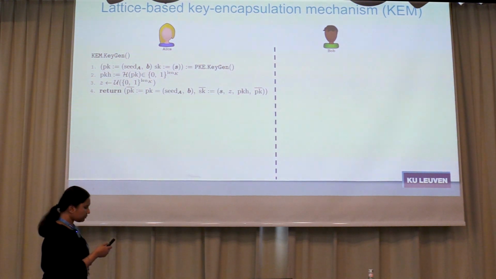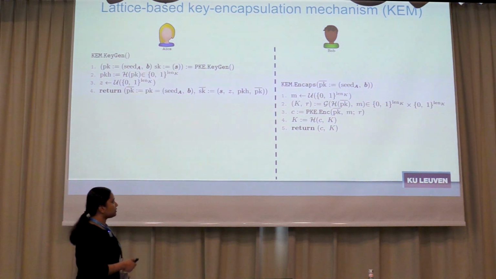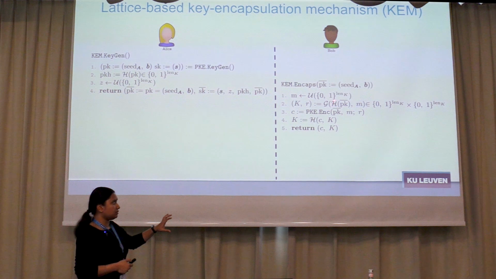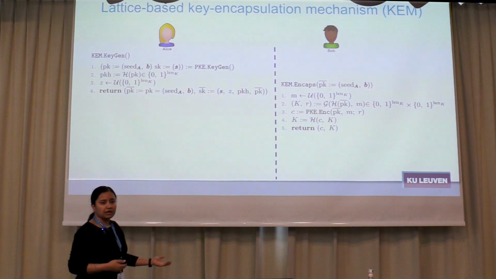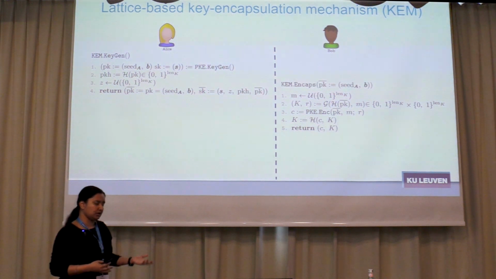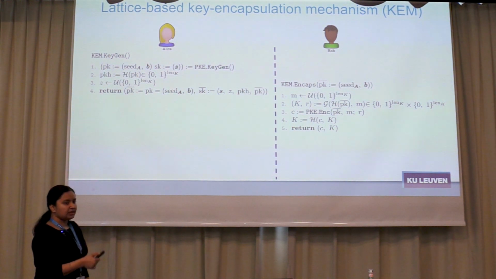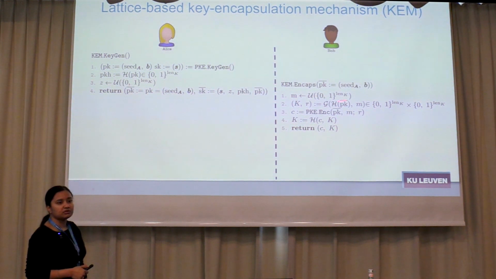Then you have the encapsulation, which is also pretty similar to the encryption part. Here you get the shared key by doing some hashes. It's pretty much as expensive as PKE encryption, you just have a few more steps. But if you notice, these are all hashes.